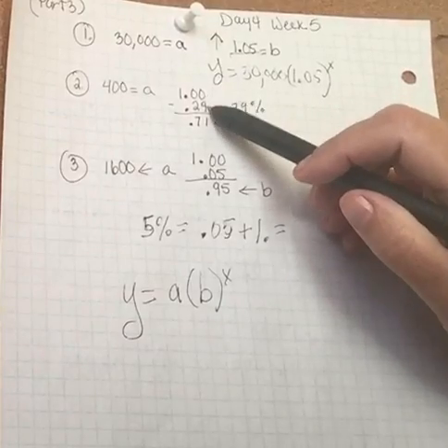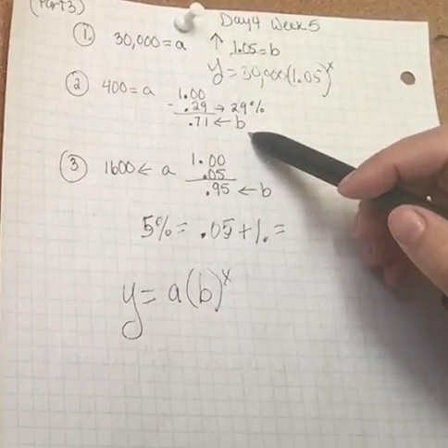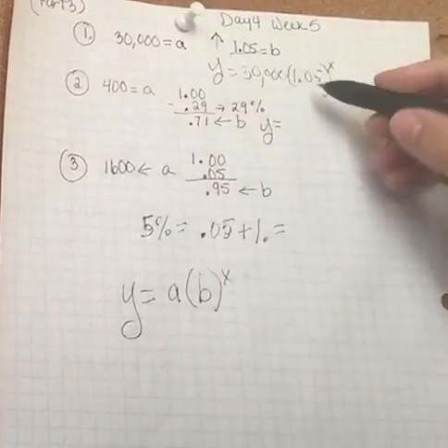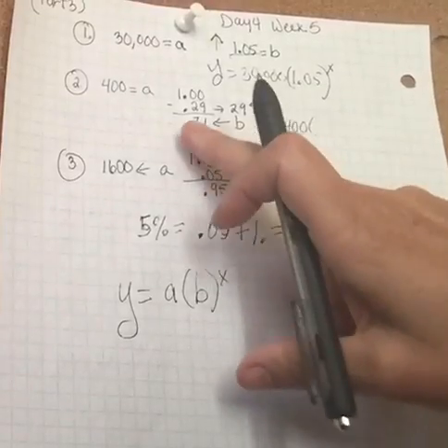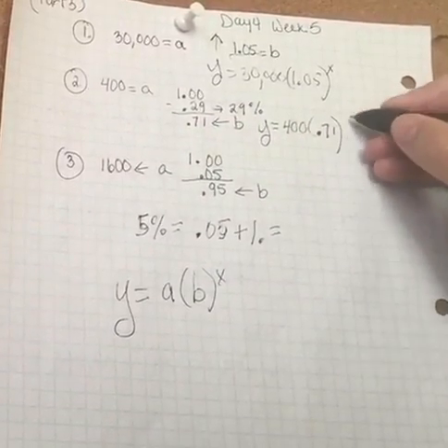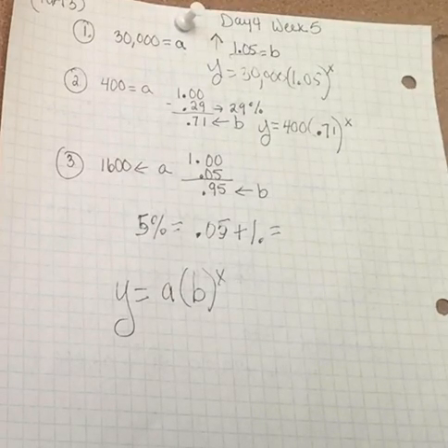We have to subtract from 1, which gives us 0.71, which is our B. So we have Y equals 400 times the multiplier 0.71 to the X.